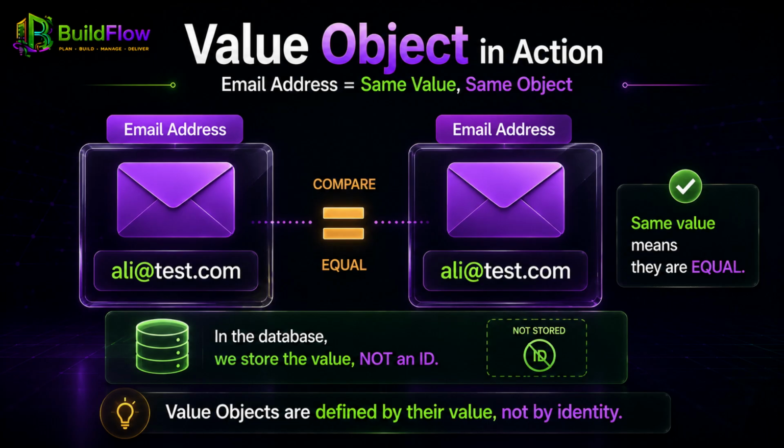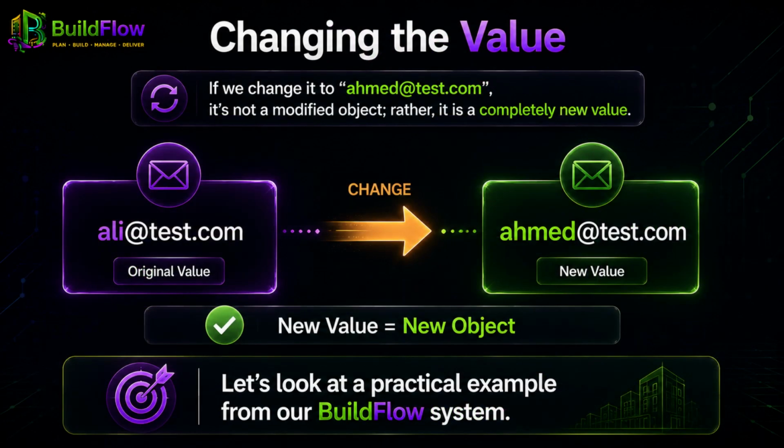The email address ali@test.com is completely identical to another email carrying the same value, ali@test.com. If we compare them, they are equal based on value alone, and we do not give them an ID in the database. If we change it to ahmed@test.com, it is not a modified object, rather it is a completely new value.